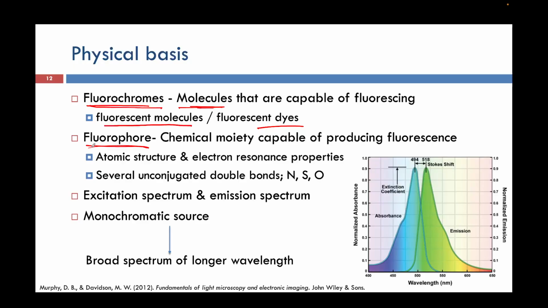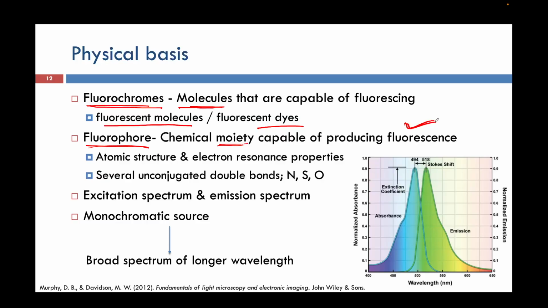This fluorophore is a chemical moiety. Moiety means part. So it is a chemical part of a large macromolecule which is able to produce this fluorescence. These are the different terminologies which you have to keep in mind in case they come in the exam or anywhere.